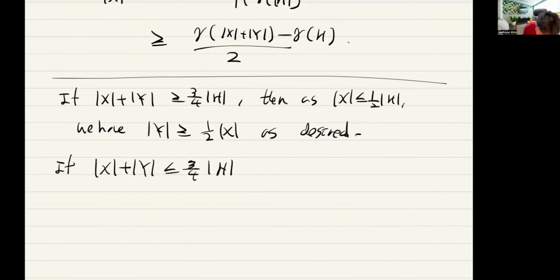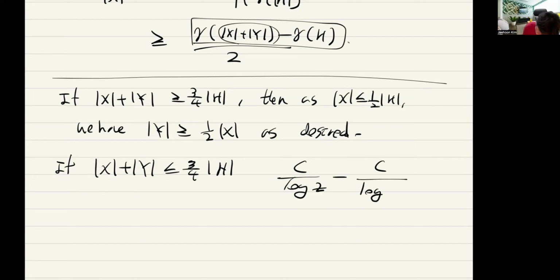So roughly, what's this? This is like some constant times log of this, which is smaller than 3/4 H. Let's say this is of size g, then this is like a log of 4/3 g.